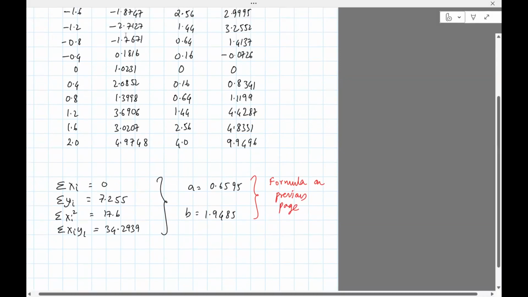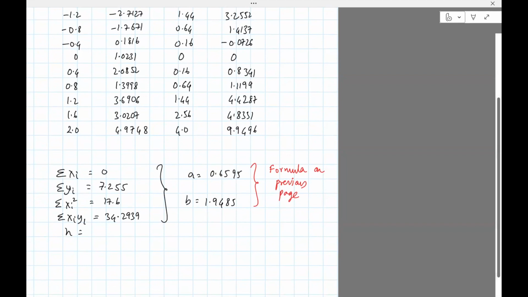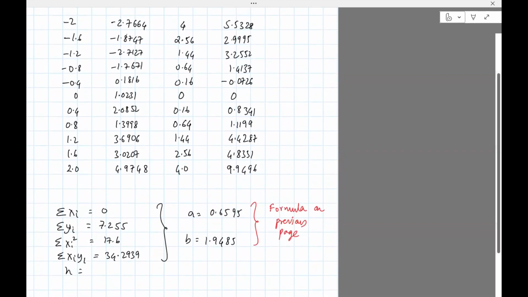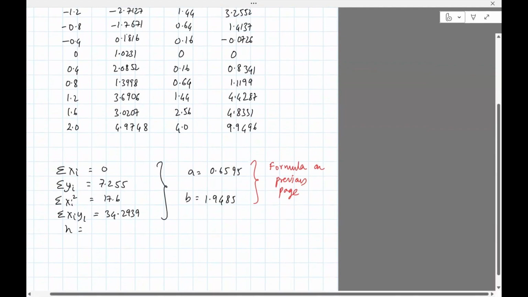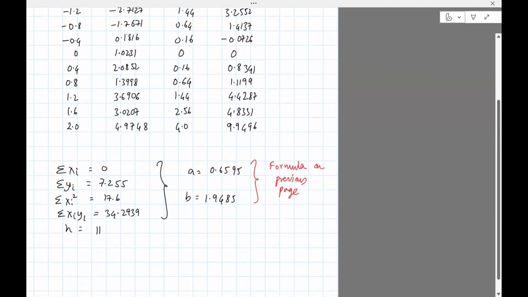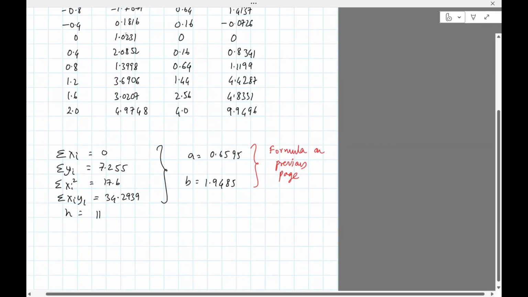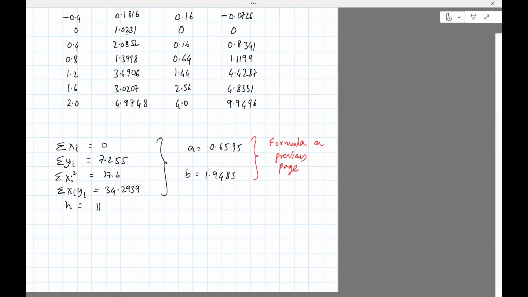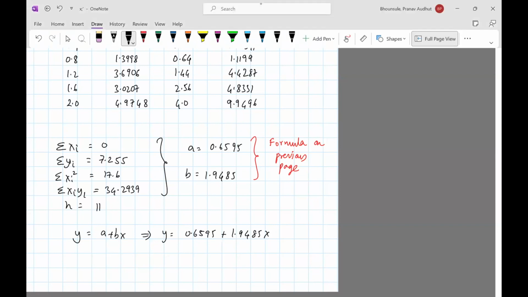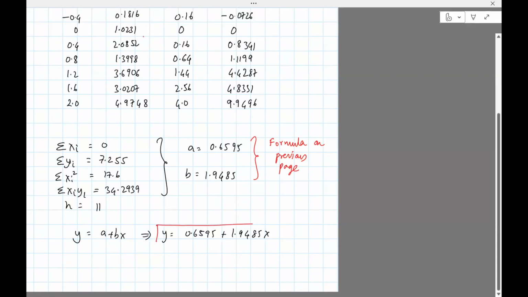N here is the number of data points. So we have, I believe, 11 points. So n is 11. So what this is saying is that the model y equals a plus bx is basically y equals 0.6595 plus 1.9485x.